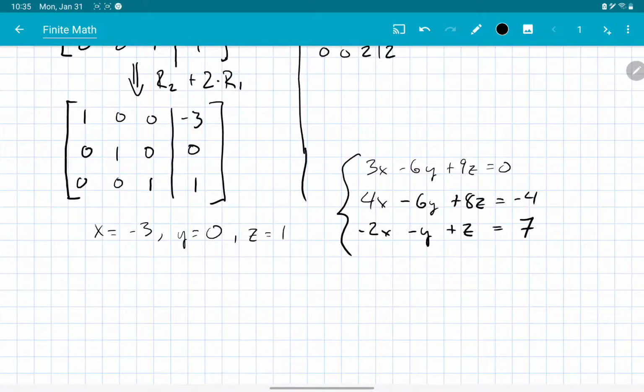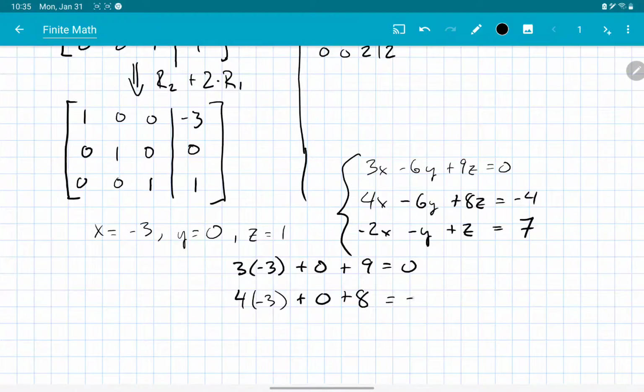Substituting -3 in for X and 0 in for Y and 1 in for Z gives us 3 times -3 plus 0 plus 9 is equal to 0, which is true. 4 times -3 plus 0 plus 8 is equal to -4, which is true. And -2 times -3 plus 0 plus 1 is equal to 7, as desired.